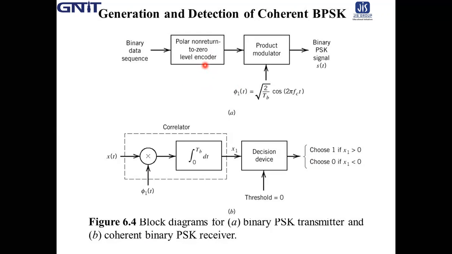The resulting binary wave and a sinusoidal carrier phi 1(t) equal to square root of 2 by Tb cos 2 pi fc t is applied to a product modulator, and ultimately we get the binary PSK signal.